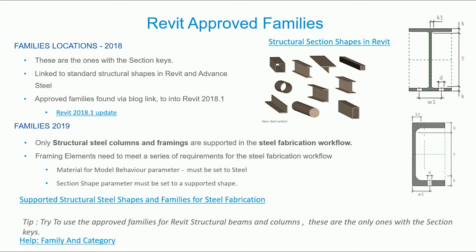Also they have a number of families or steel shapes that they support, and again I've tried to put a couple of hyperlinks in the page here, so that if people have got the PDF online electronic copy, they should be able to select that and just go and see the help pages. But if you can, try and use an approved family. It does make your life a lot easier when you're trying to get from Revit to Advanced Steel or vice versa.